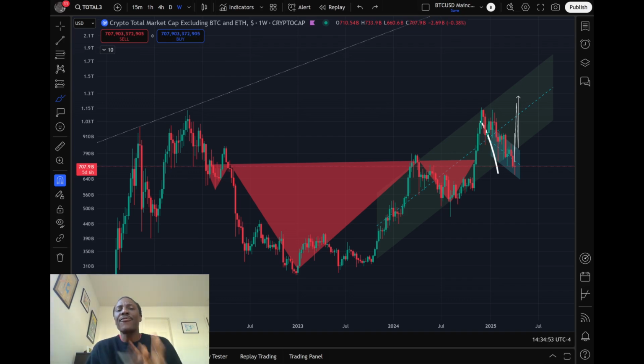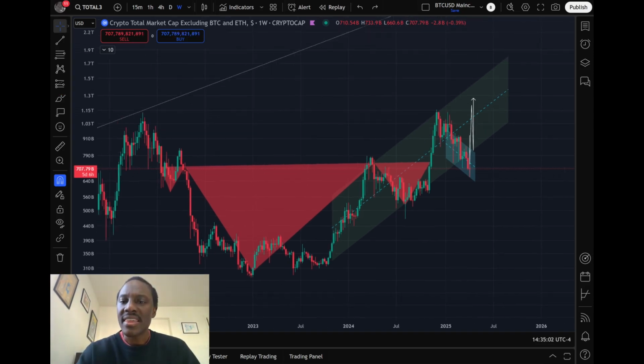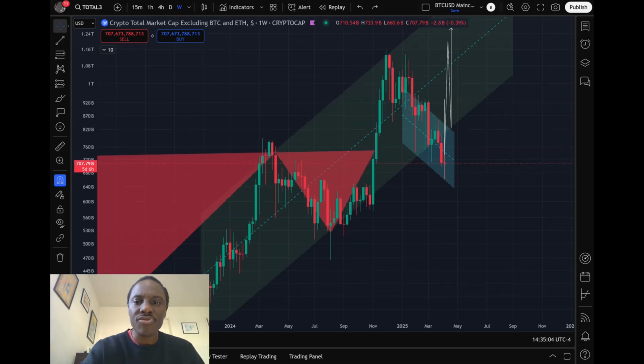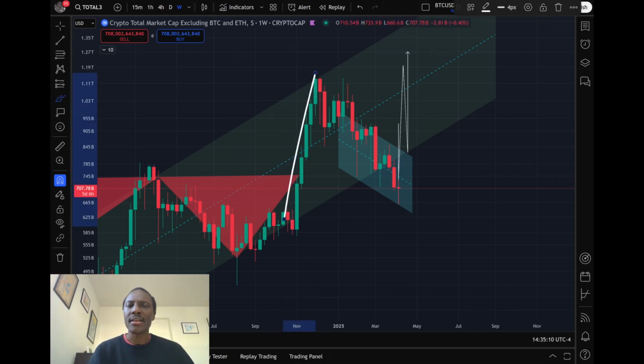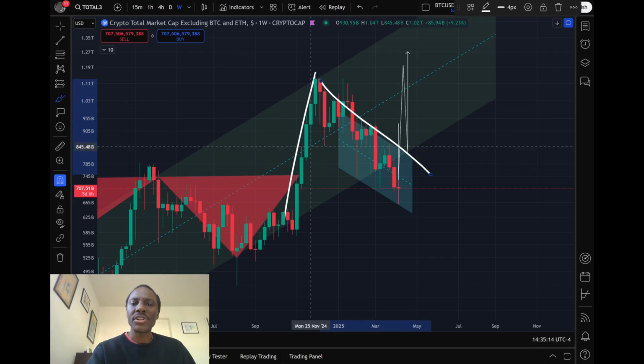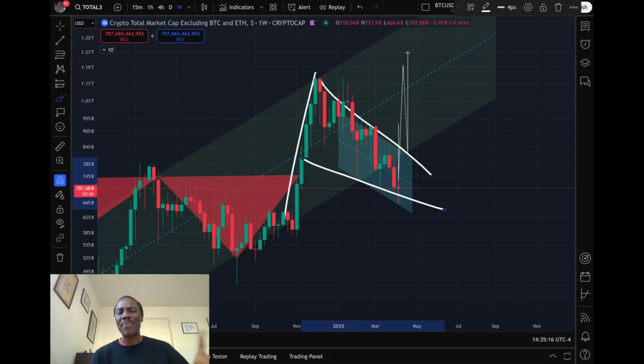This is why I say, if you're bearish on altcoins, study this chart. And don't take my word for it. Go on Investopedia and look it up. This neckline is being retested by not just one move, but an entire system, which is called a bull flag.